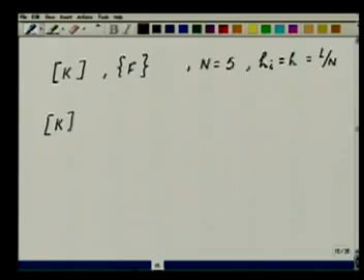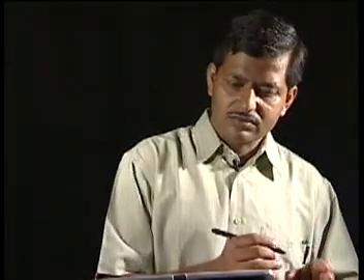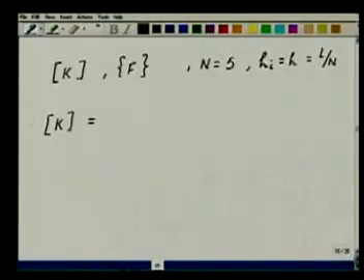So for this particular case, for the choice of the EA and F that we have taken, can we form the global stiffness matrix? So what do we do? We first make all the entries. So the global stiffness matrix will be of size 6 by 6 or n plus 1 by n plus 1. So we are first going to make all the entries of this global stiffness matrix 0.